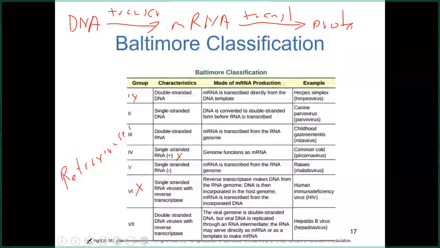And so they use this enzyme called reverse transcriptase, okay? And that's unique to them. There's no other virus that has that. So the retroviruses are basically going in reverse initially. Their RNA is used to make some DNA. And before that DNA can be utilized, it has to go into the nucleus of the host.